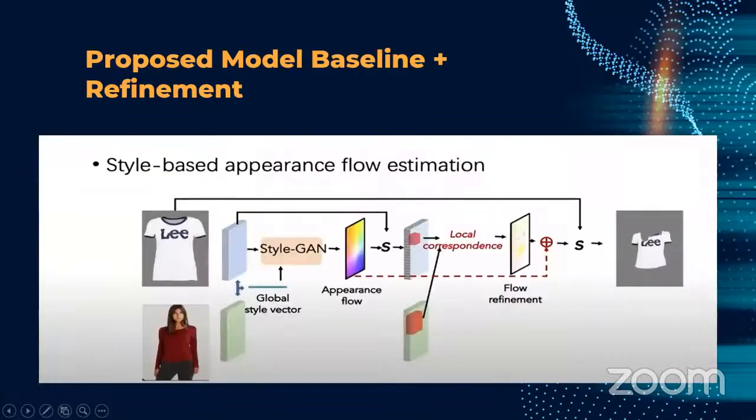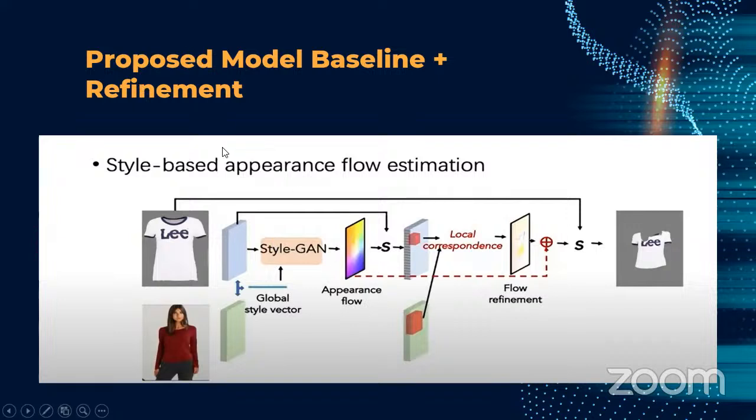Moving to the next slide, how this style-based appearance flow architecture works. As you can see here, this is the baseline for StyleGAN. StyleGAN, as we know, takes two inputs and uses the global style vector and appearance flow.